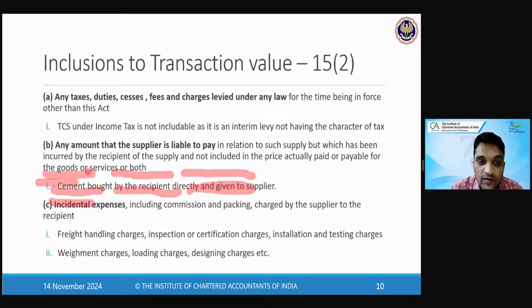Other examples could be in case of goods, weighment charges, loading charges, designing charges, all of that has to get added. So anything which I do for the customer, it has to get added. Does it come under composite supply? Yes, it is all part of composite supply. Correct, sir. So these things have to be added.